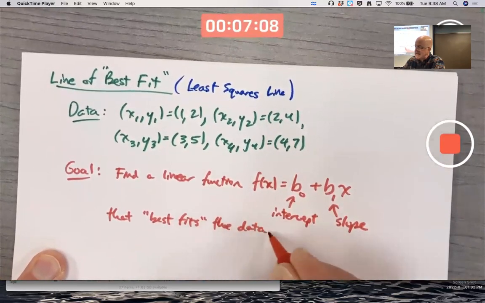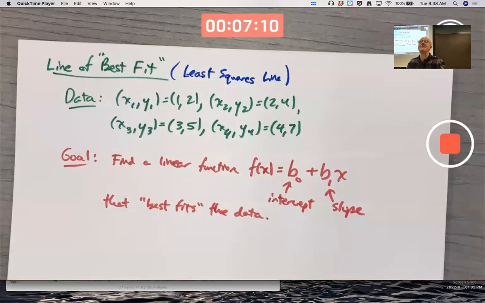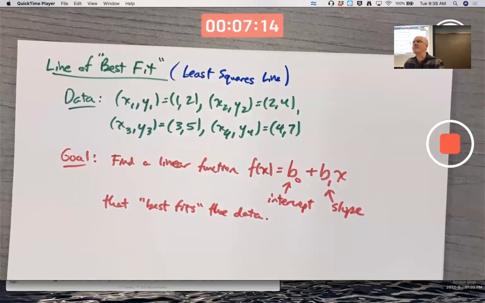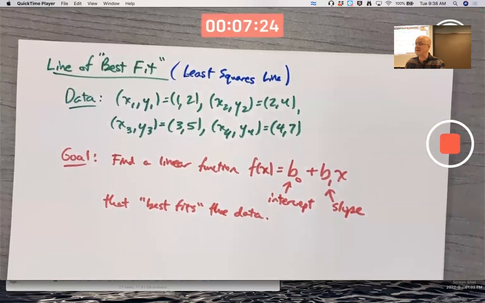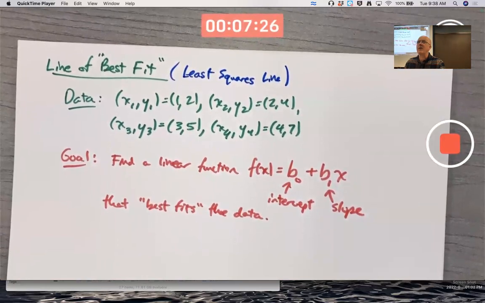But what does it mean to best fit the data? Here's the official way to say it. We want to minimize the sum of the squares of the errors in using the line to estimate the data. Error here is synonymous with another word called residual. You could also say we're minimizing the sum of the squares of the residuals.